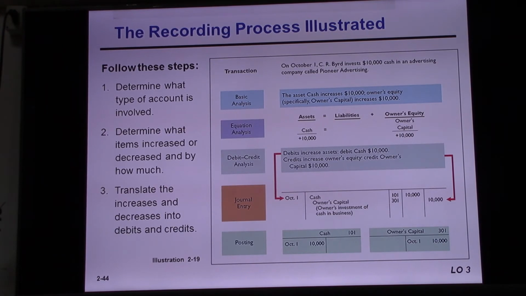Then you should also prepare a T account for owner's capital, and in the owner's capital T account, you will write the $10,000 on the credit side. You will transfer this $10,000 from the journal entry's credit side to the T account's credit side.